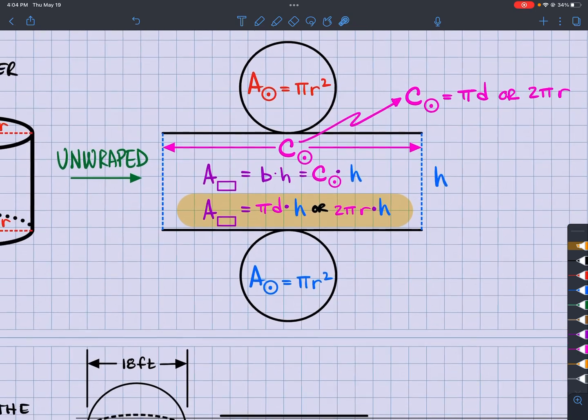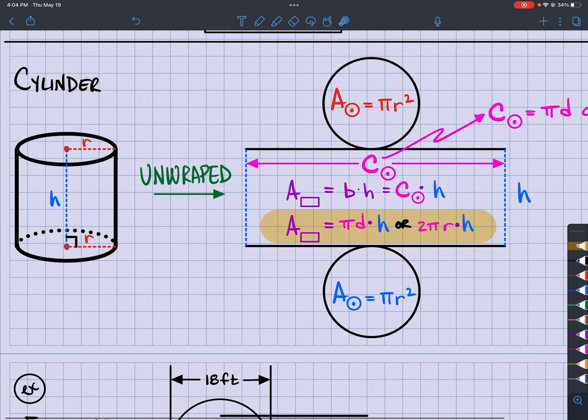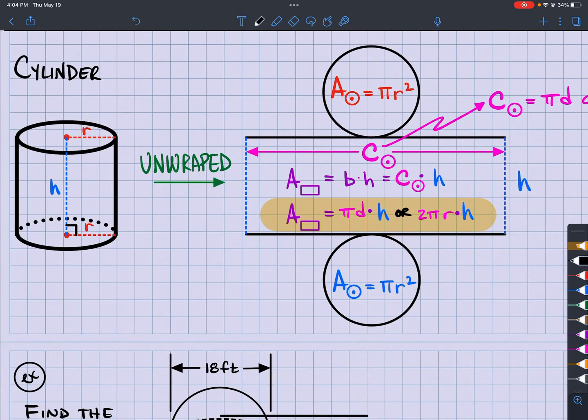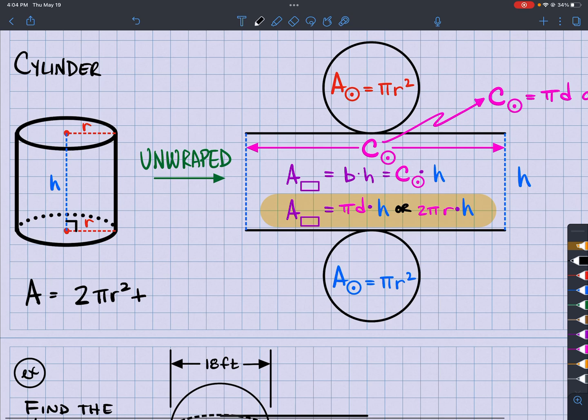So let me see here. I guess I didn't write this all out, huh? So the total area is going to equal 2 times pi r squared plus pi d times h.